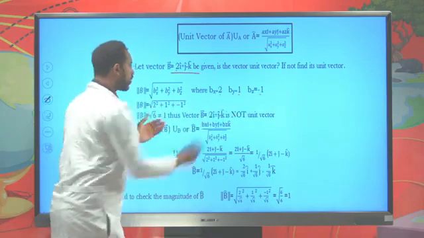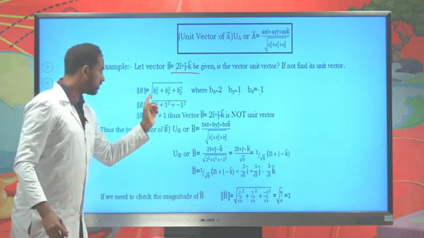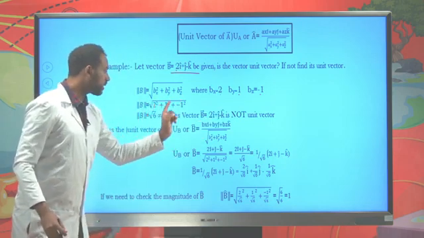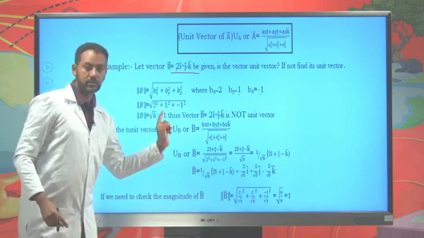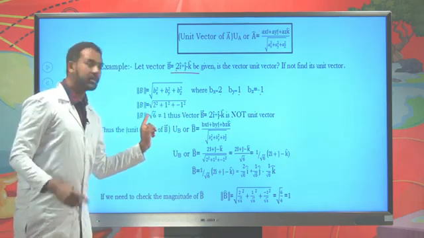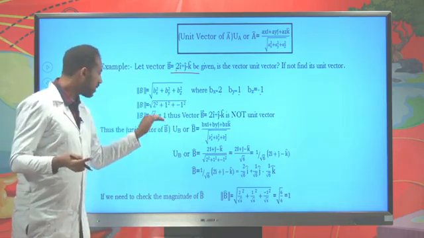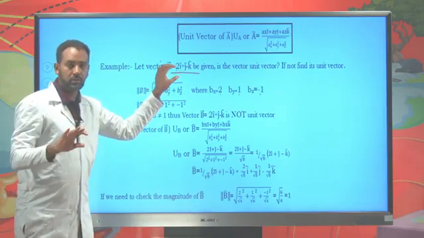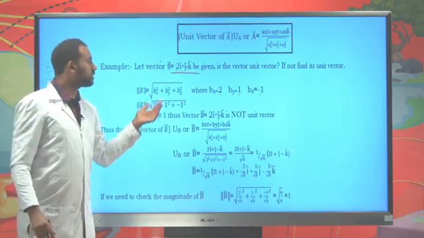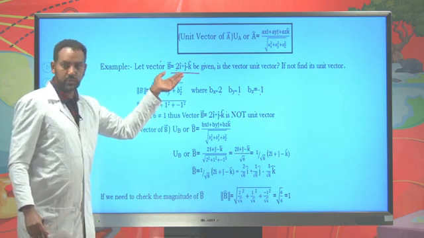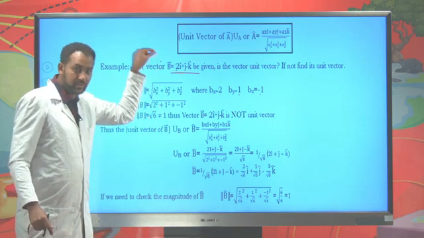If you square all the quantities, 2 squared, 1 squared, and minus 1 squared gives you 6, so root 6. And root 6 is not equal to 1. Therefore, this vector is not a unit vector. Then how do we determine the unit vector of this vector? It's possible to determine the unit vector of this vector.